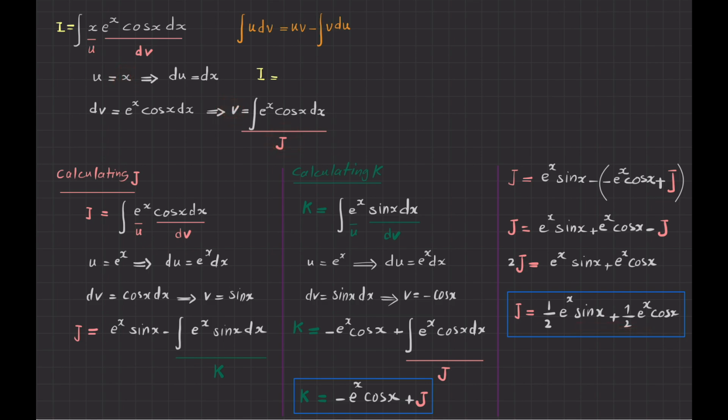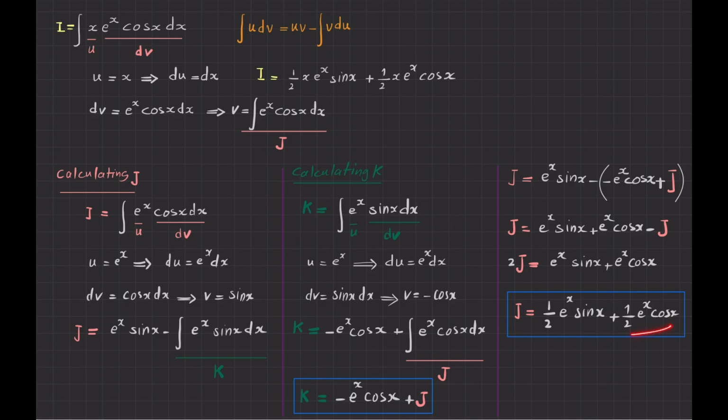So when I multiply u by j, 1x will go here and 1x will go there. So I will have two terms, 1/2 x e to the x sine x plus 1/2 x e to the x cosine x.